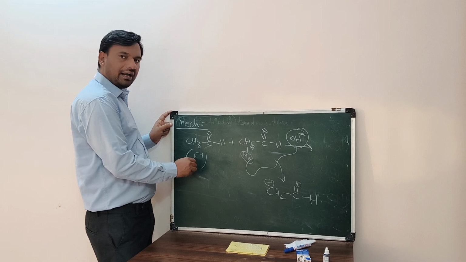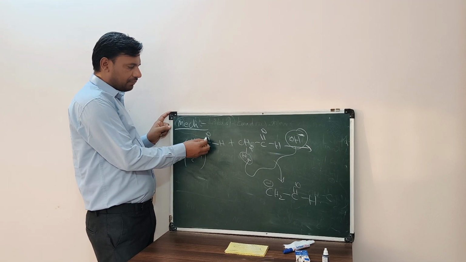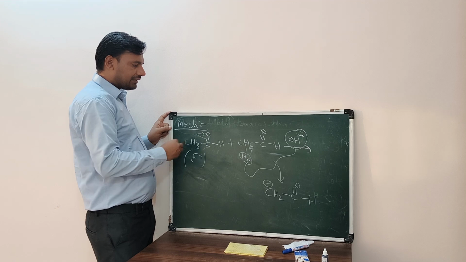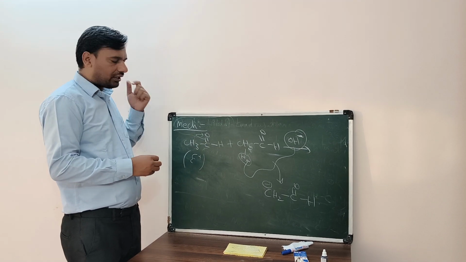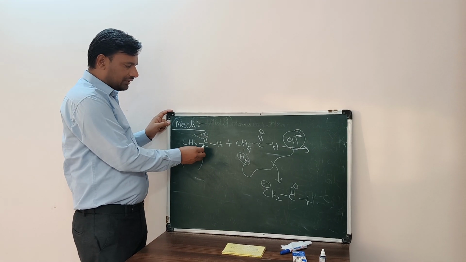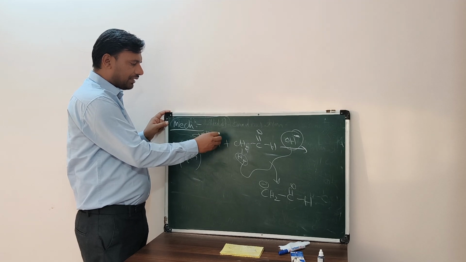How is this an electrophile? Because we know that in this carbonyl compound, the oxygen attracts the electrons towards itself due to the higher electronegativity of the oxygen atom. So here there is partial positive charge and partial negative charge.